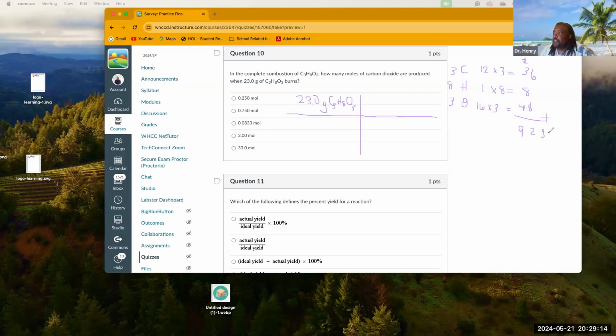So that's going to be 92 grams per mole. So we have grams here, so we want to put the grams on the bottom. So we're going to put the 92 on the bottom to get rid of our grams. And then we have 1 mole on top.